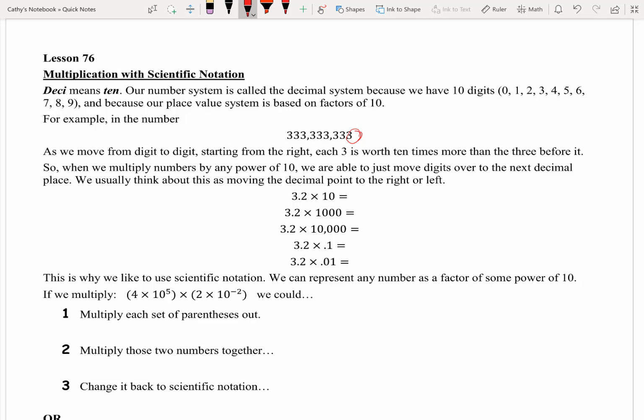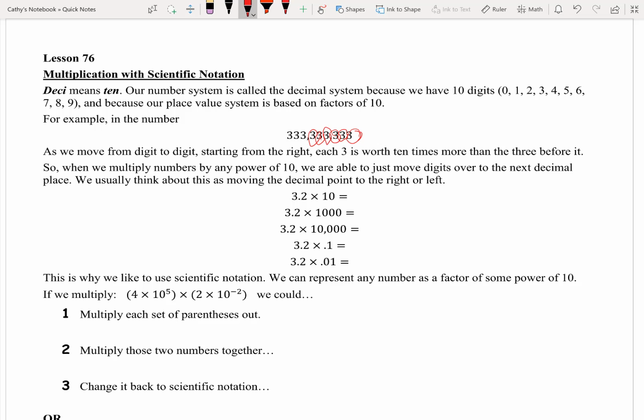That first 3 is worth 3. The second 3 here is worth 3 times 10, or 30. This one's worth 3 times 10 times 10, so 300. So each time you move across our place value system, each digit is worth 10 times more. So that's part of why our system is called the decimal system.